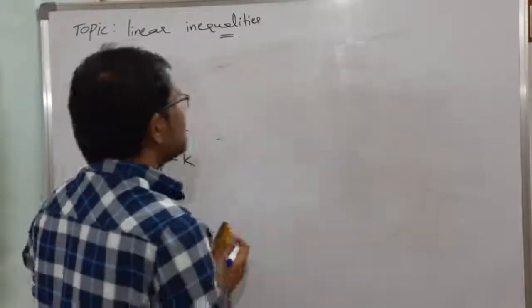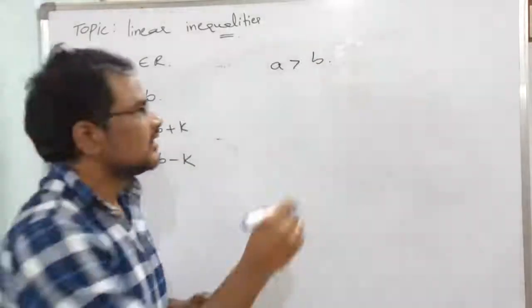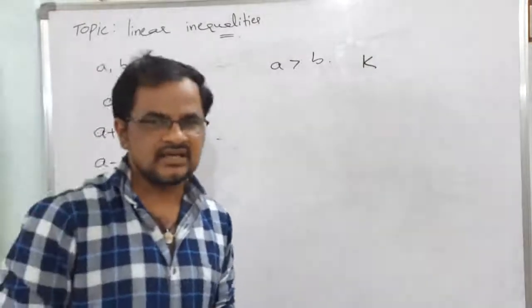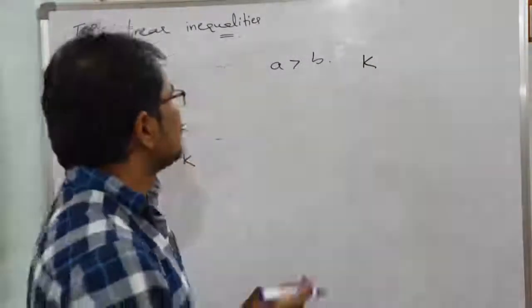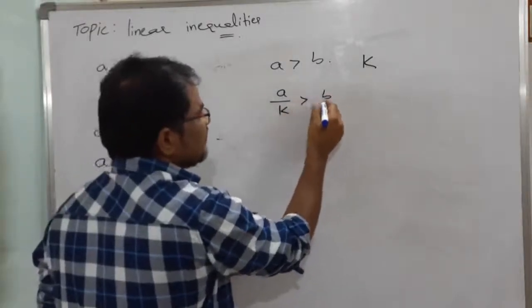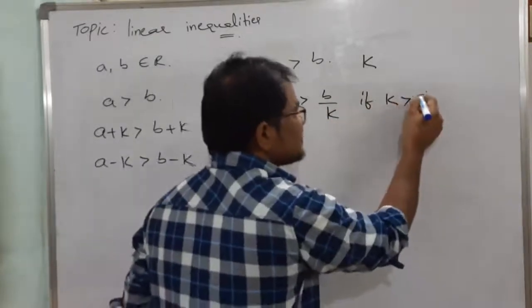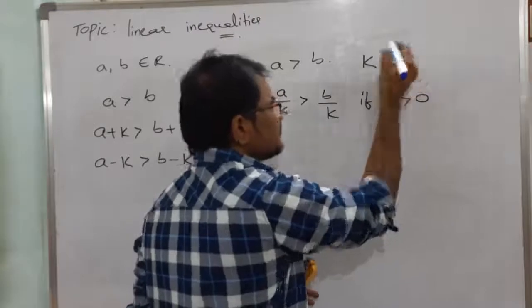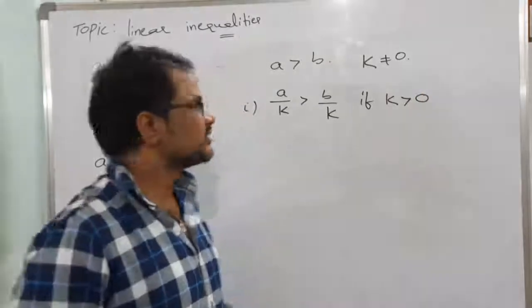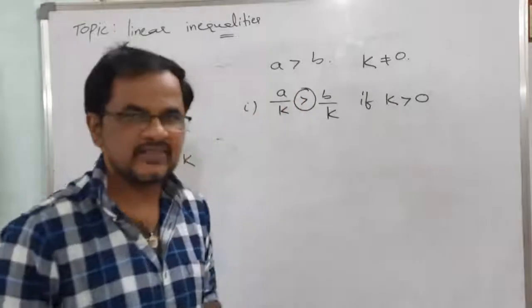But the important thing is multiplication. Suppose a > b, and k is any non-zero real number. Now a/k > b/k in the first case, if k > 0, that is, a positive real number, it will not affect the inequality.